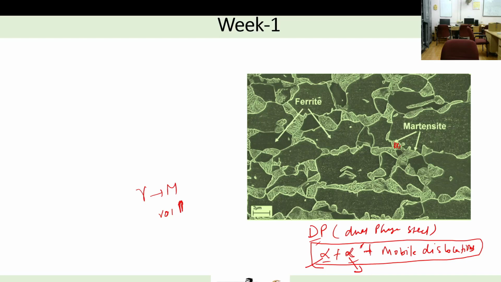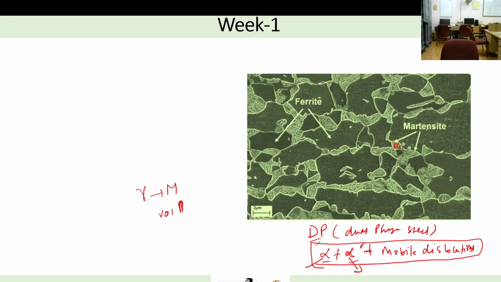To get such a microstructure, we have to play with the heat treatments. We have to give some special heat treatment, as well as add some alloying elements if needed. So this is how the dual phase microstructure will look.